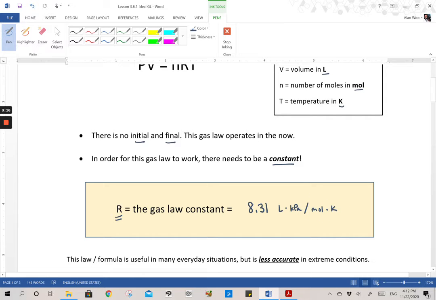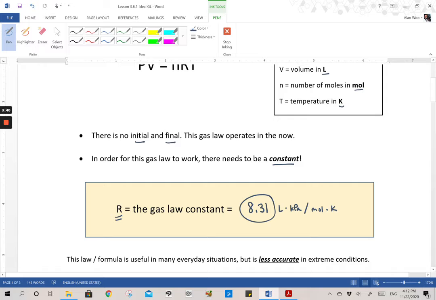But it's the actual number here that's a little bit more important. Because this constant has these units, that's why our pressure has to be in kilopascals, our volume has to be in liters, our moles has to be in moles, and our temperature has to be in Kelvin. Otherwise, this value would not work.